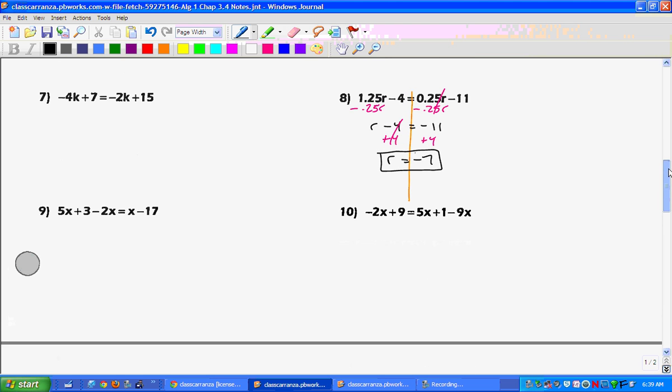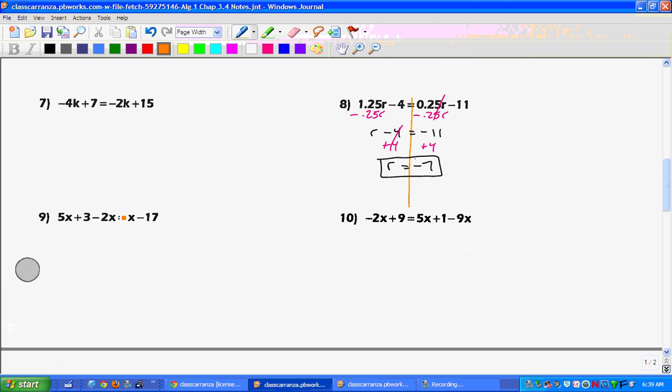All right, down here we got some ones with a little bit more work to do. Now on number 9, simplify first. We have x's on the same side, combine those up.